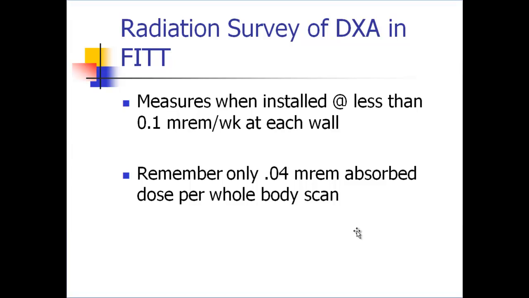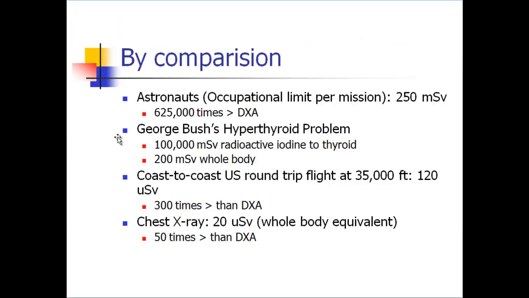We have a pretty good grasp of it, and we think we know how safe we're being. But that's why we want to limit exposure as much as possible, even for small doses like we're receiving from a DXA scan.